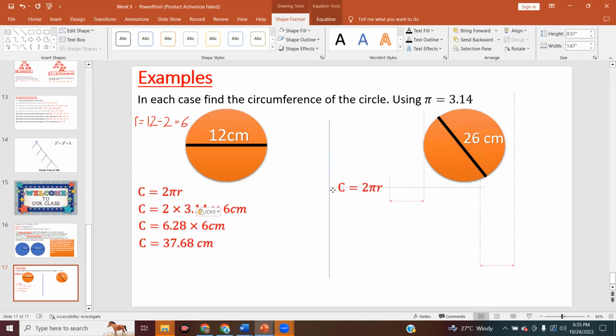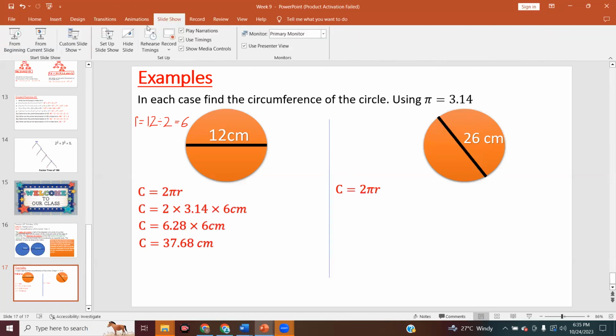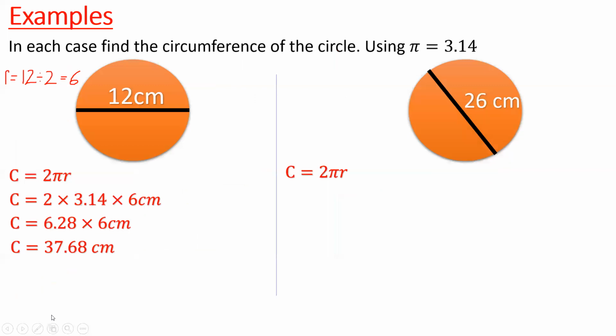The circumference is 2 times pi times r. What is the radius if the diameter is 26 centimeters? 26 divided by 2. So we have r, which is the radius, and it's going to be equal to 26 divided by 2, very good.